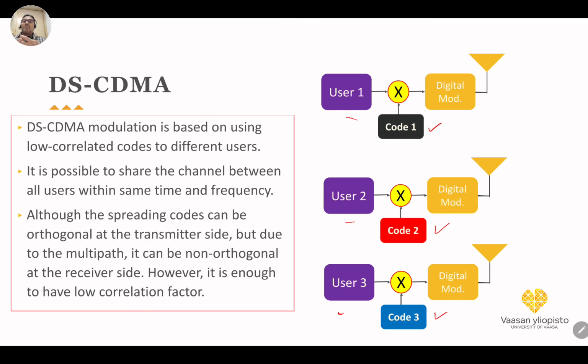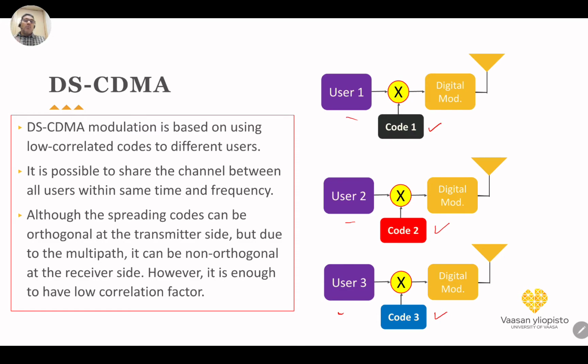It is not 0, but it can be very small compared with the autocorrelation of the code with itself. In that sense, we use those multiple codes, because when we relax the orthogonality condition at the transmitter, we can use more codes. But if we insist that they must be orthogonal, the number of orthogonal codes can be small.